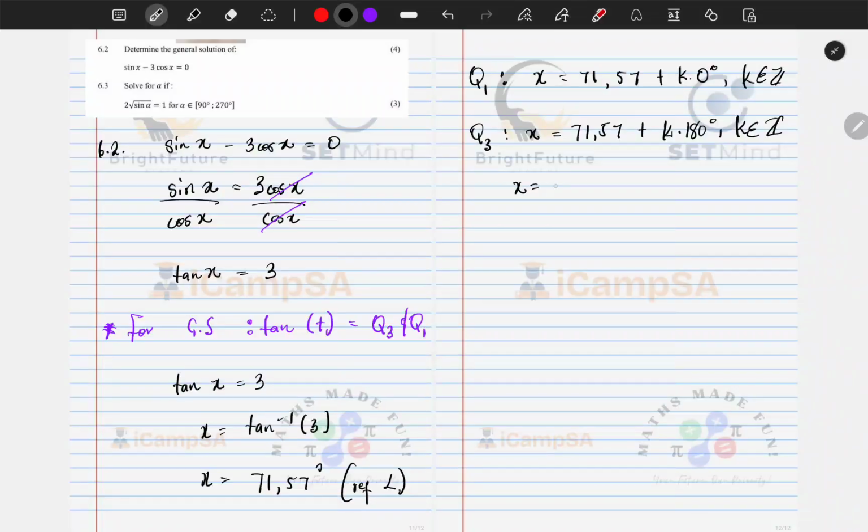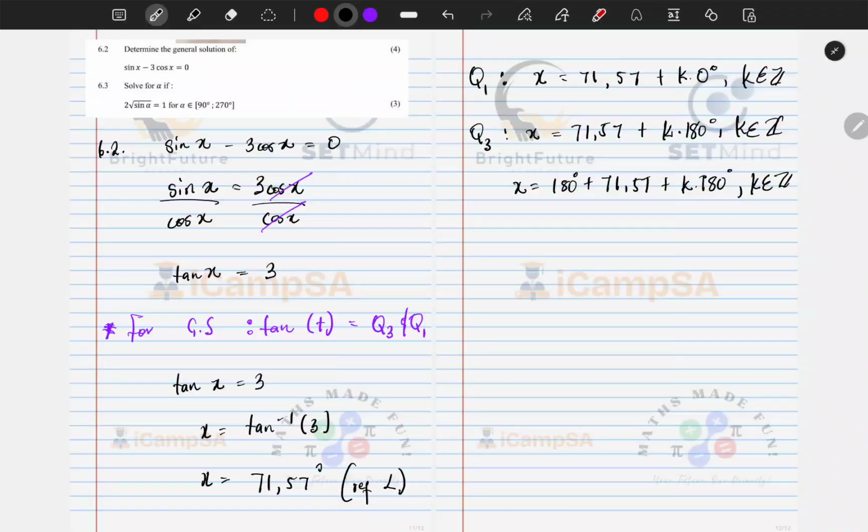And it also can be 180 plus 71,57 plus k times 180 degrees, and k is an element of integers.